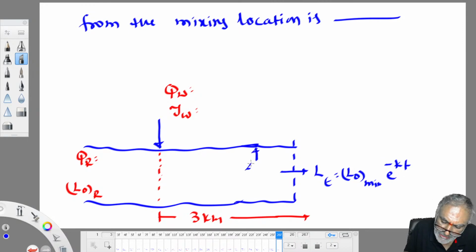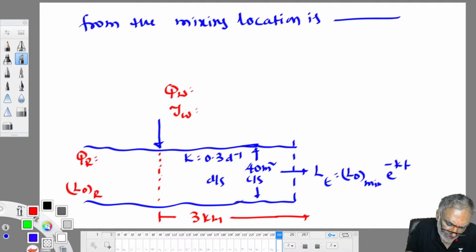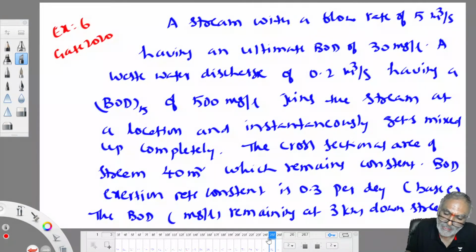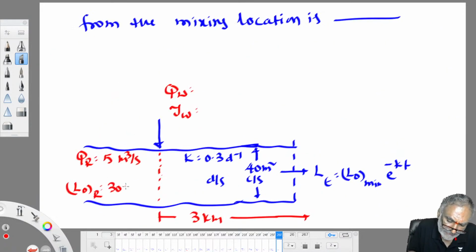Cross section area is given as 40 square meter, this cross section of river. Then K of river is given as 0.3 per day. So this is downstream side. How much is flowing in the river? 5 meter cube per second with ultimate BOD 30 milligram per liter.